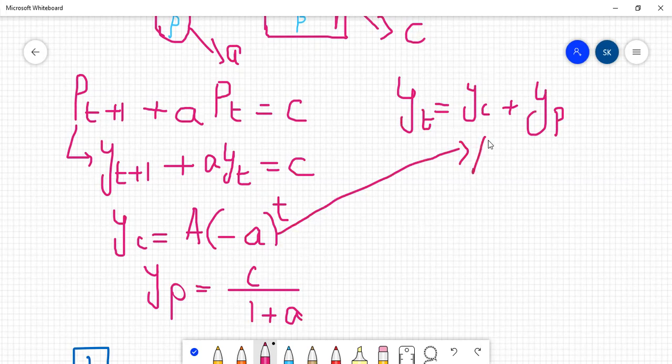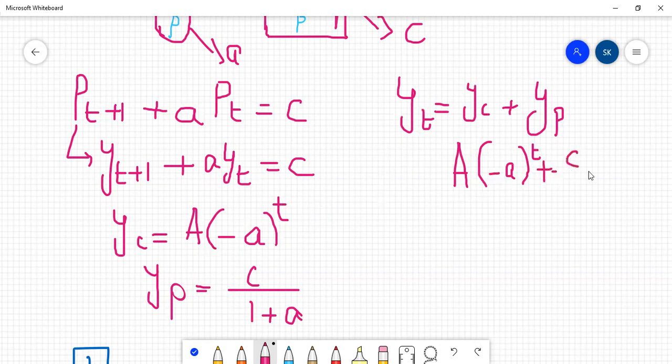We put the value of yc, that is A(-a)^t, and the value of yp, which is plus c over 1 + a. This is the value of yt: yt = A(-a)^t + c/(1 + a).